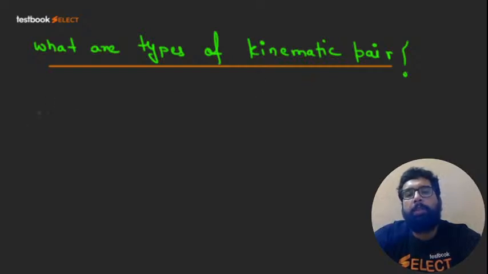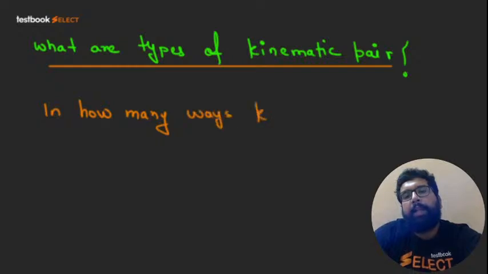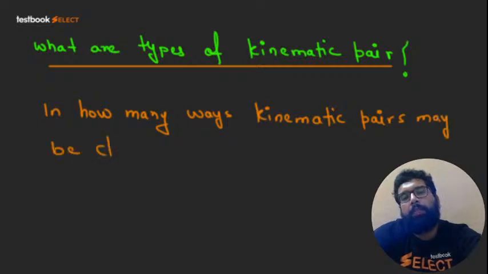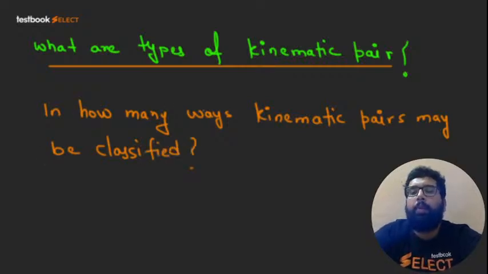Or we can put it as another question: in what different ways may a kinematic pair be classified? What is the answer to this question?